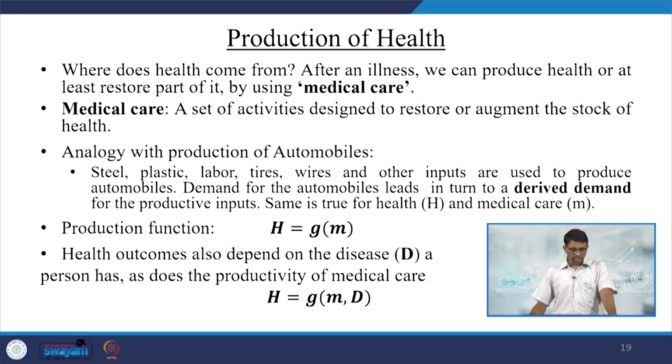So, where does health come from? After an illness we can produce health, or at least restore part of it, by using medical care. So medical care is simply a set of activities designed to restore or augment the stock of health. Like the production of automobiles, for which we define production functions, similarly in healthcare we can define the healthcare production function.